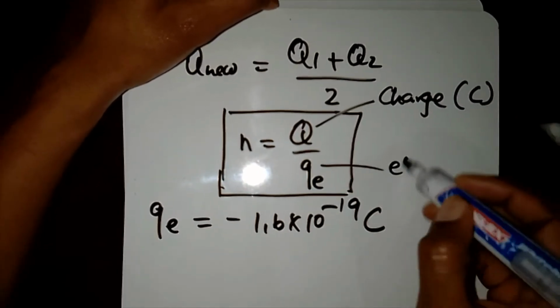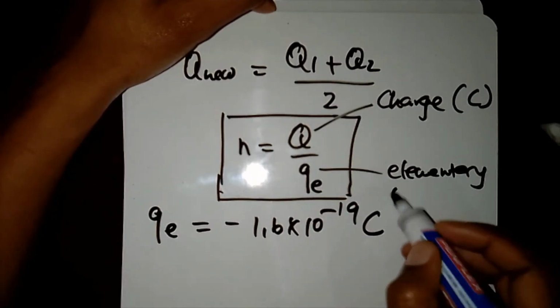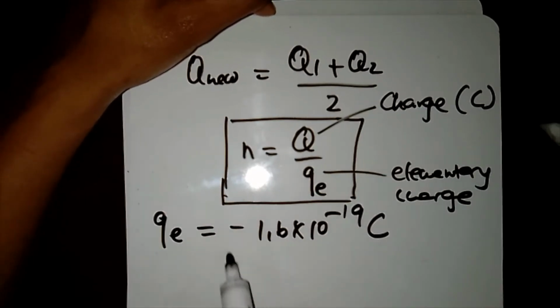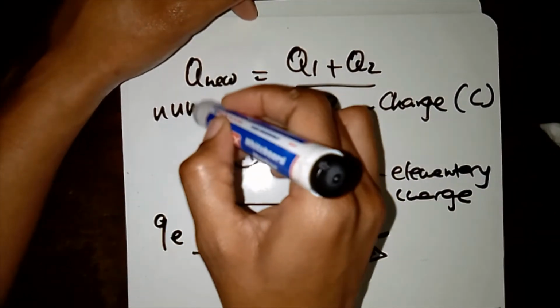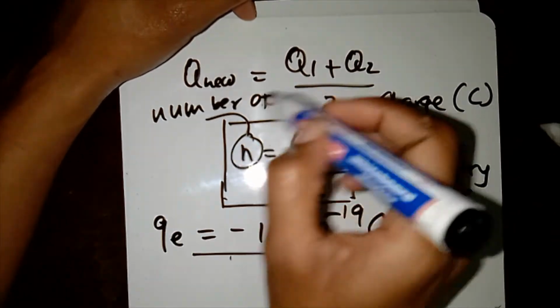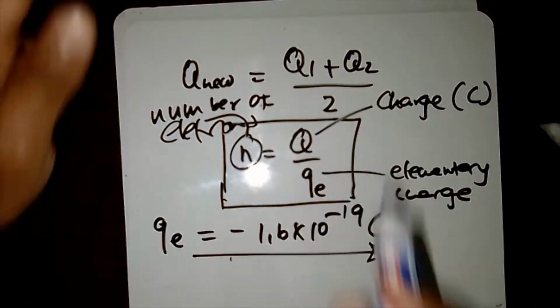This is the elementary charge, which of course we already mentioned is given by this value, and this will just be the number of electrons. So those are just some important things to know from grade 10.